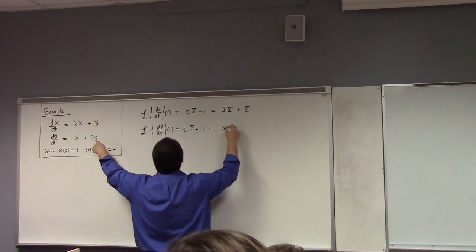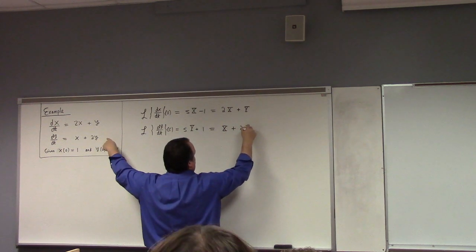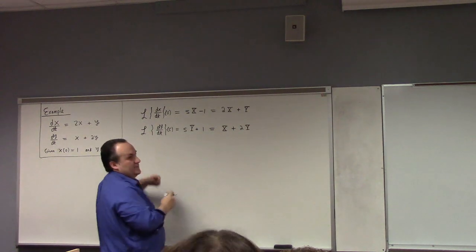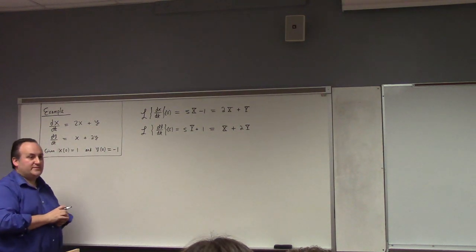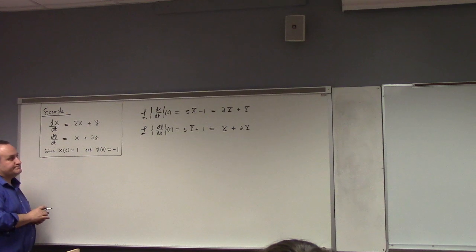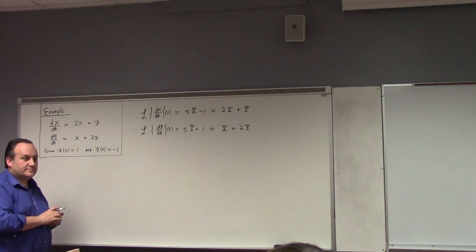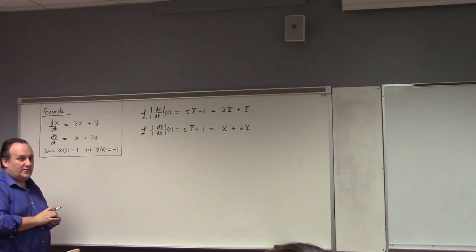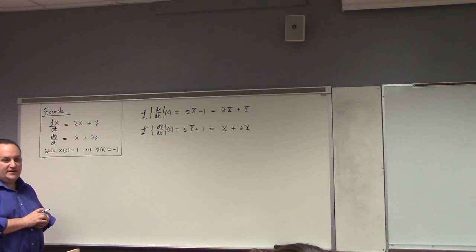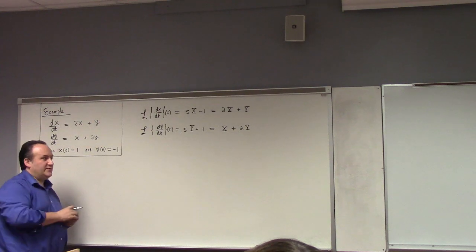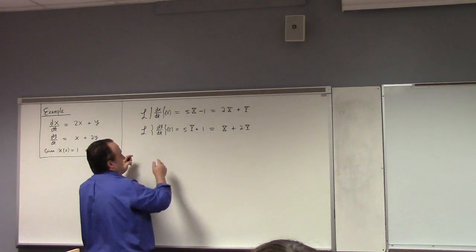And x plus 2y. Right? And then how do you solve these? You've got 2 equations and 2 unknowns, so solve it. Yeah, so put everything together.